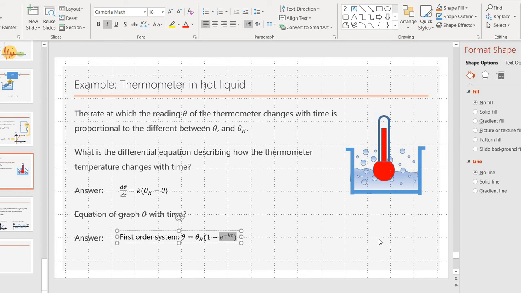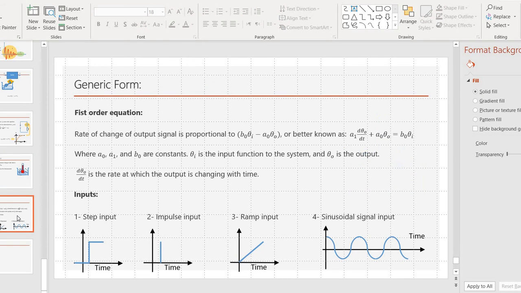Now, from these two examples, we can have a generic form for first order equations. For all first order equations, we can come to this point to have this generic form. So we have this subtraction, and then we can rewrite it in another form where we have constants.